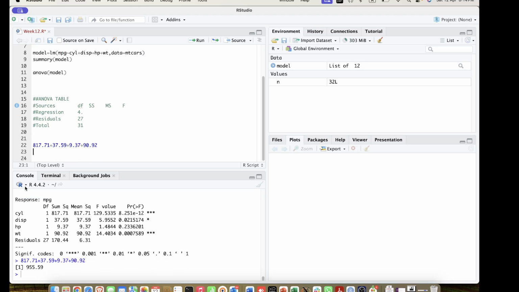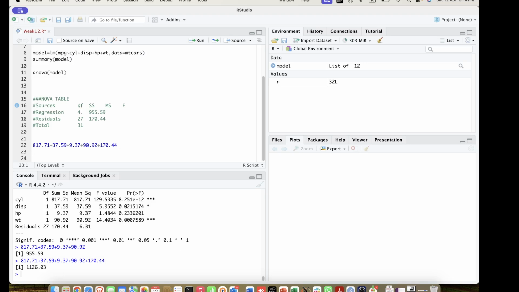Okay, so this one is the SS due to regression, so it would be 955.59, and SS due to residuals is 170.44. So total it will add up to 1126.03.